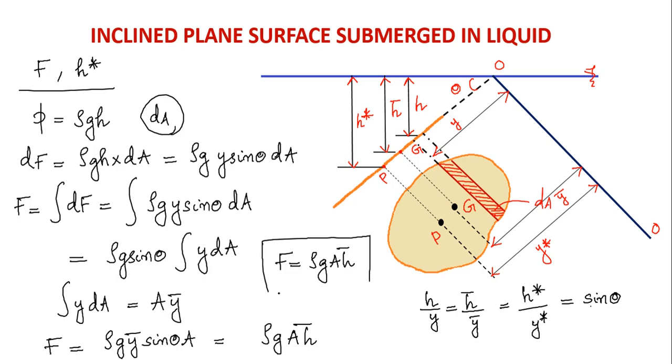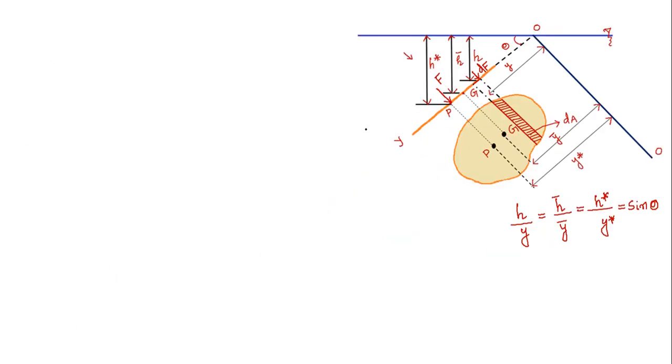Now let us derive an expression to calculate the position of center of pressure from the free surface. It is determined based on the principle of moments. It states that the moment of the resultant force about an axis is equal to the sum of moments of its components about the same axis.